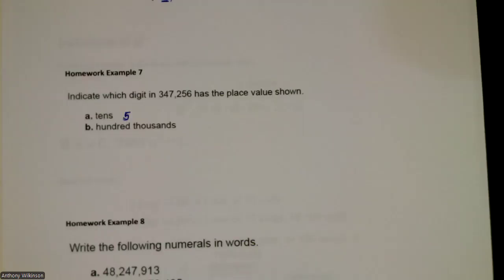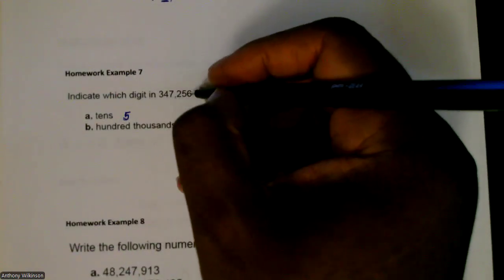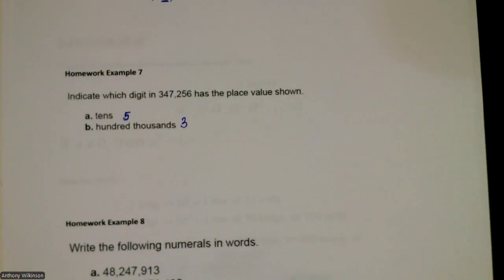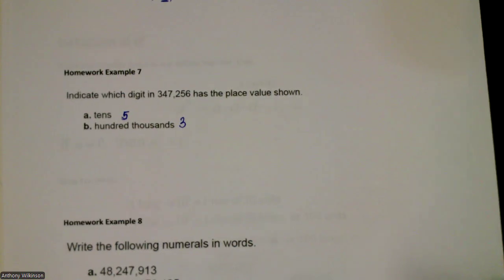Now for the 100,000s place, here we count from right to left. That means it's the ones place, this is the tens place, then the hundreds, thousands, 10,000s, 100,000s. This 3 is in the 100,000s place. That's all there is to it.